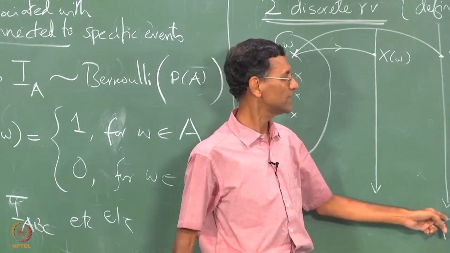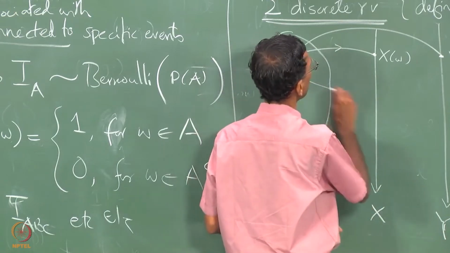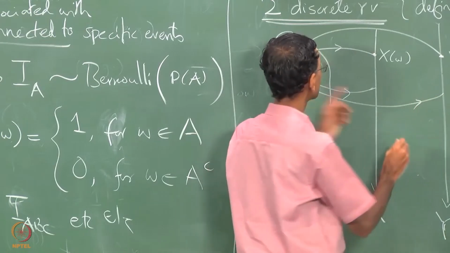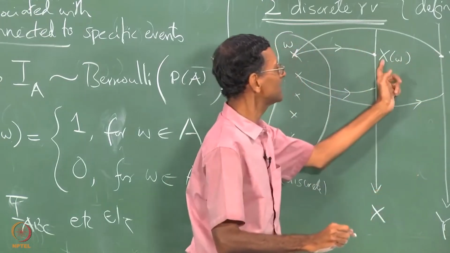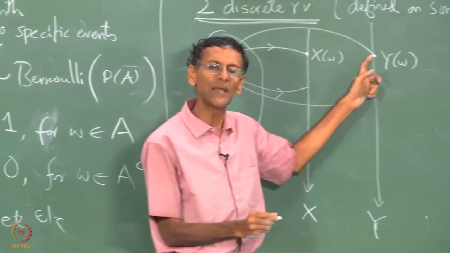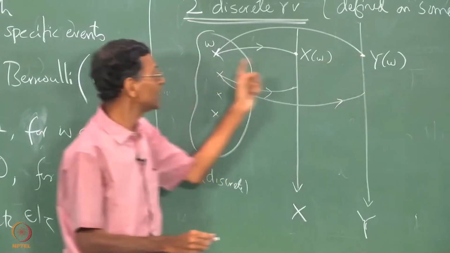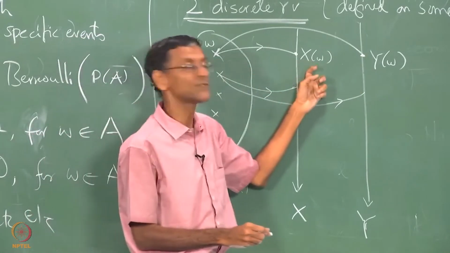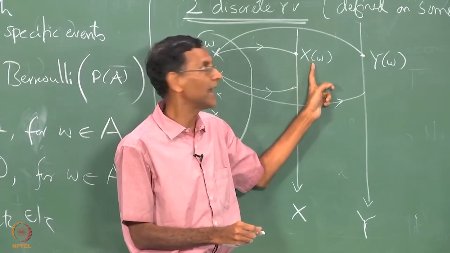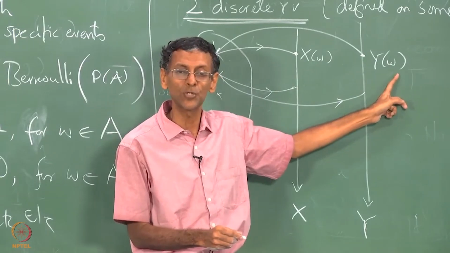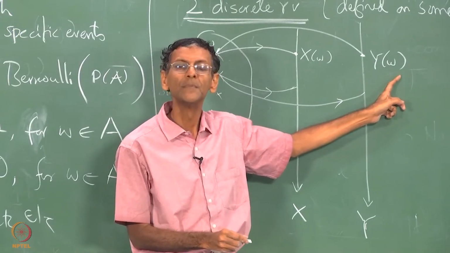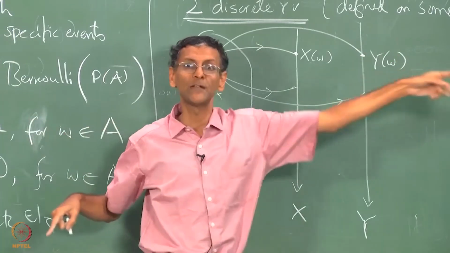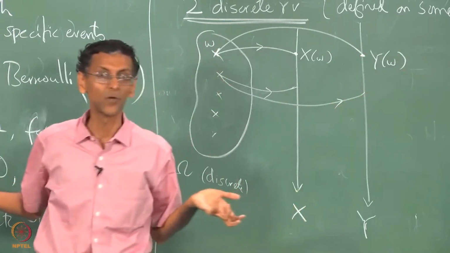Now, what you are going to do is look at the collection of all these pairs of points. The commonality is that these two are not happening separately but happening together. Whenever you observe this sample point small omega, this is going to be the output for x and this is going to be the output for y, you have no choice in that. If you pick a person at random, you can't say I am going to pick the height of this person and the weight of that person, that is completely wrong.